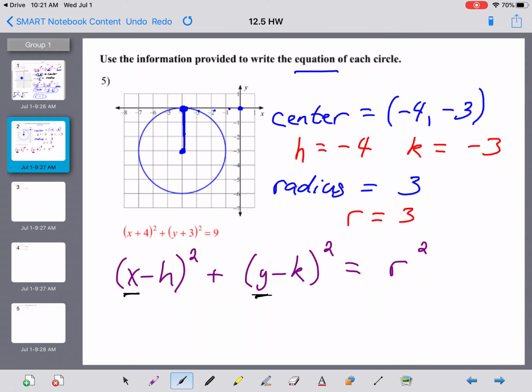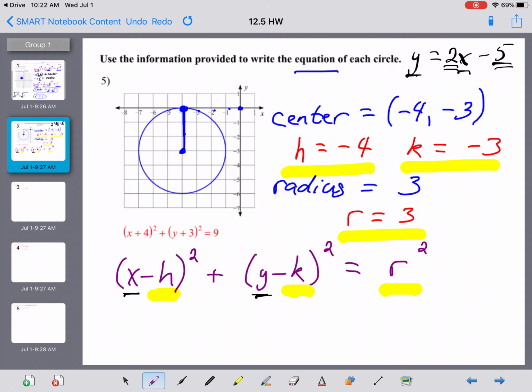We don't put values in for x and y when we're writing an equation. If you think back to linear equations from last year, like y is equal to 2x minus 5, you'll notice that the equation of a line contains an x and a y, and all you did is put values in for m and b. Well, right here, we're going to leave the x and the y alone, and we're going to come up with values for h and for k and for r. And lucky for us, that's exactly what we found here, the h and the k and the r, by reading that information out of the diagram.